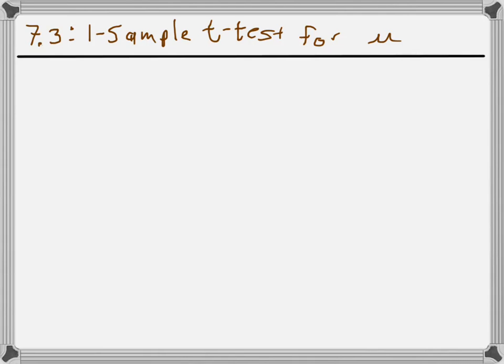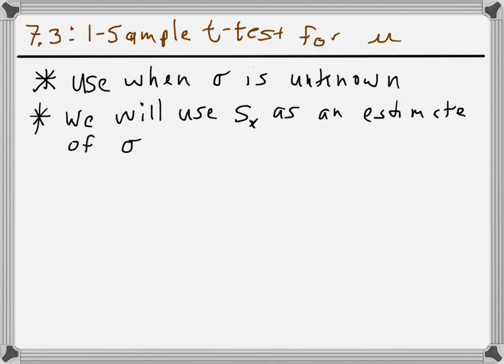Okay, so this is going to be very similar to last chapter. Last chapter we used a t-distribution for a confidence interval for a mean whenever we did not know the standard deviation of the population. And this is going to be the same kind of criteria for a one sample t-test for mu.